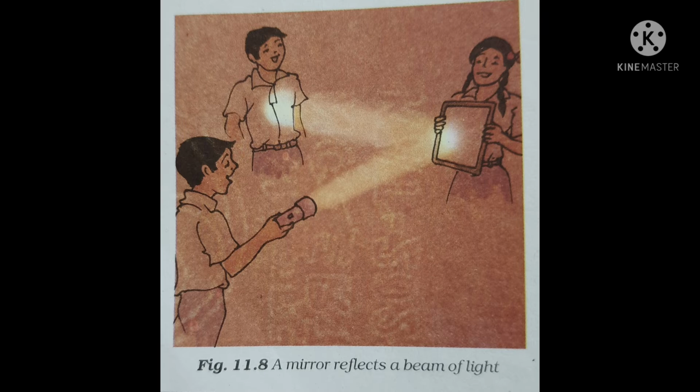Now, the beam of the torch light is directed onto the mirror and you can see a patch of light on the mirror that your friend is holding. Next, you can adjust the direction of the torch so that the patch of light falls on another. So children, this activity shows that a mirror can change the direction of light that falls on it.